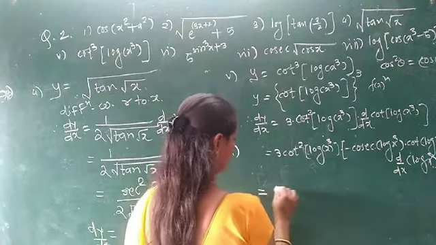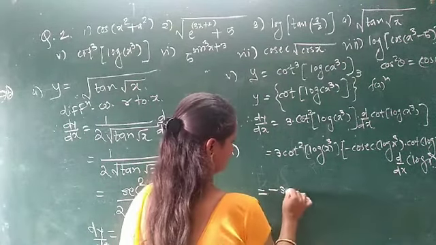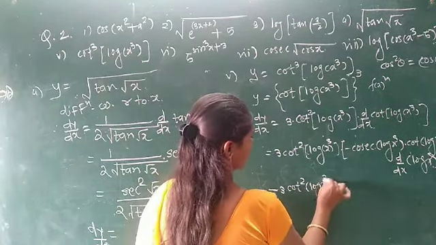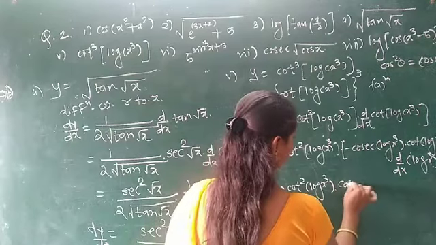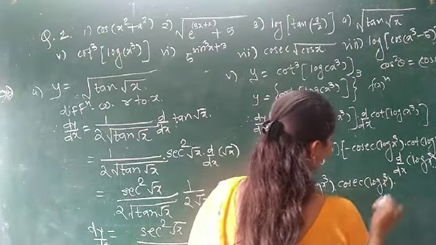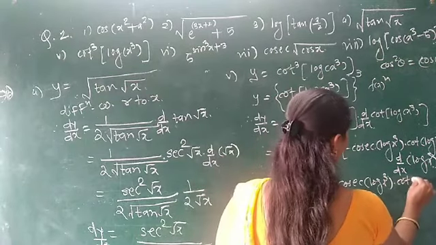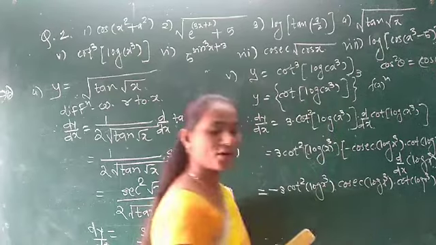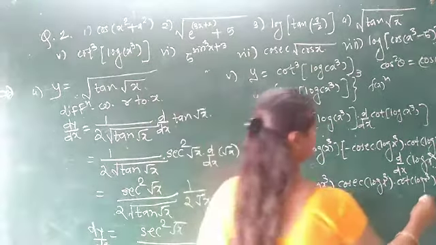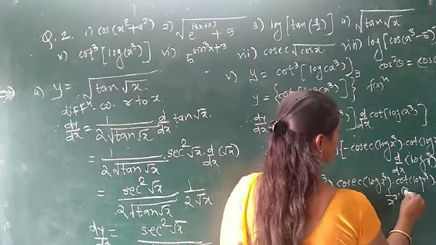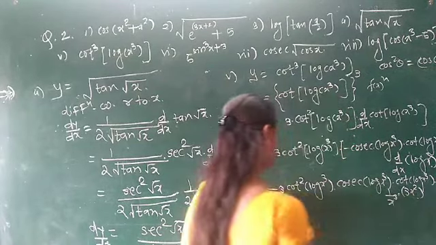Now this minus sign keep ahead. 3 into cot square of log x cube into cosec of log x cube into cot of log x cube into the derivative of log x cube, which is 1 upon x cube, and into the derivative of x cube, which is 3x square.